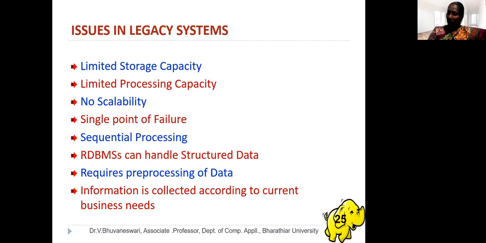So we are also facing limited storage capacity and limited processing capacity. This is not an issue of any individual mobile. Consider the business organizations which store their business functionalities and business process outcomes in the form of data during their digitization process.